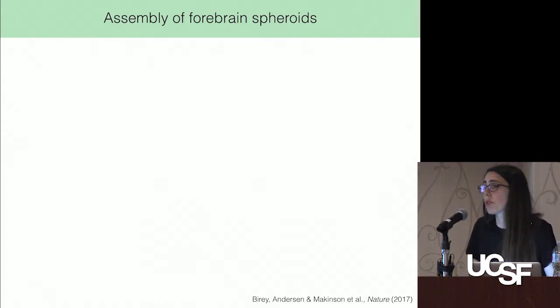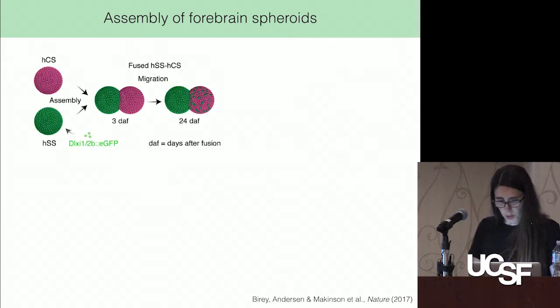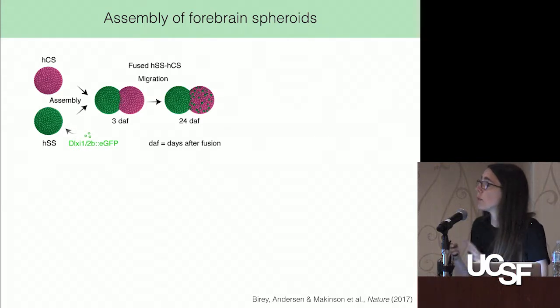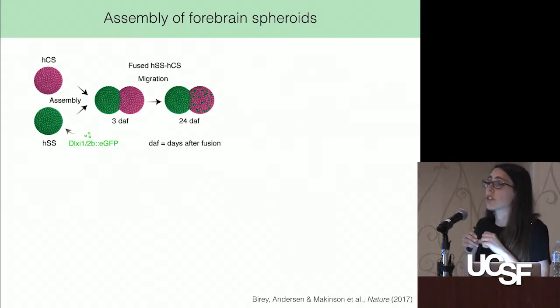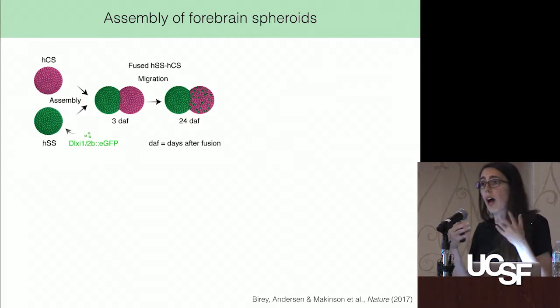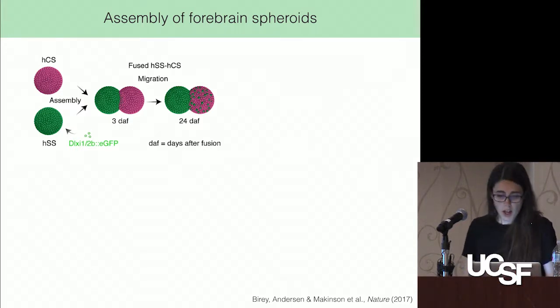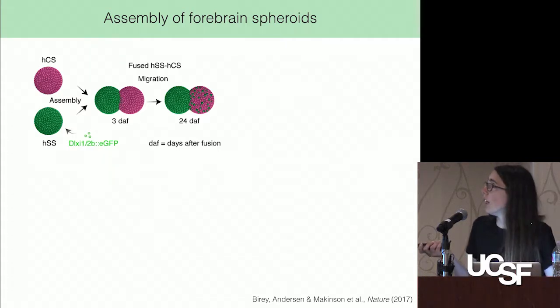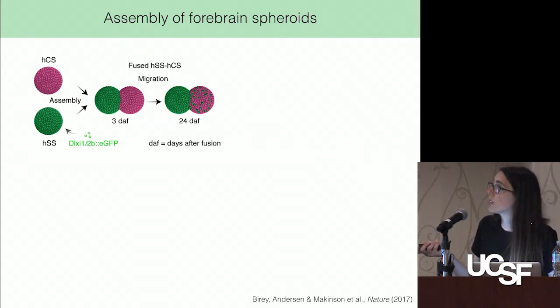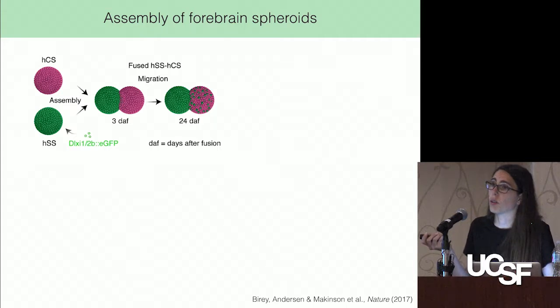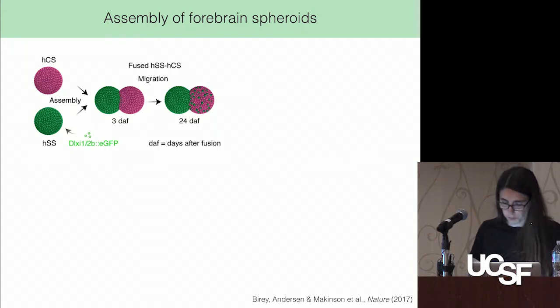The next step is for us to put them together to model the migration of the interneurons. So that's what we do. Because we're generating them separately, we can label cells from either side separately so that we can visualize them over time. In this case, we're using a viral reporter that marks neurons in the subpallial side, so the interneurons.